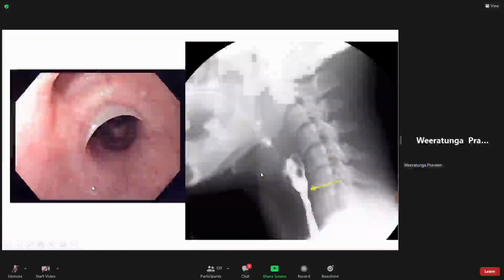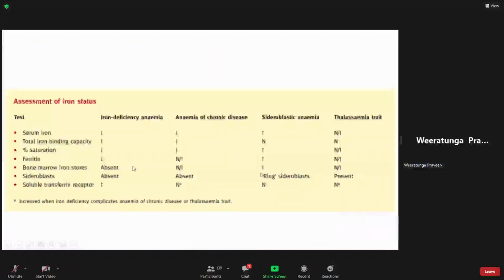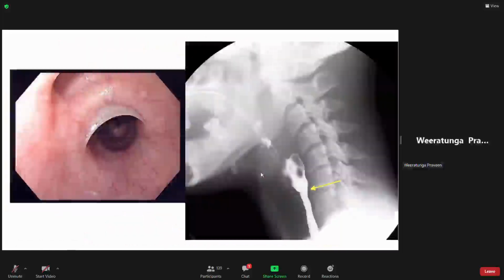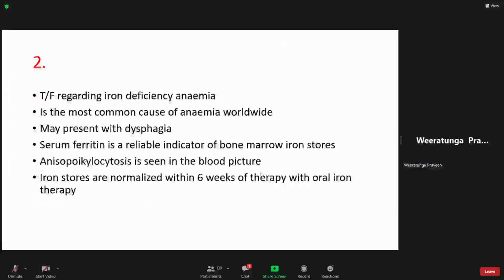Now remember that iron deficiency anemia can cause esophageal webs, and this is called Plummer-Vinson syndrome. These esophageal webs might sometimes present with dysphagia.